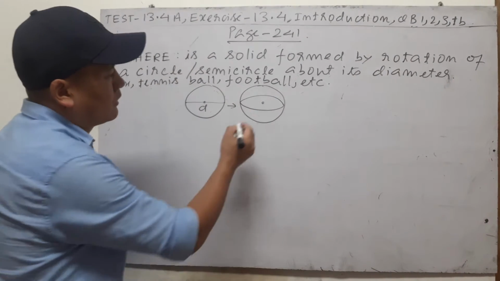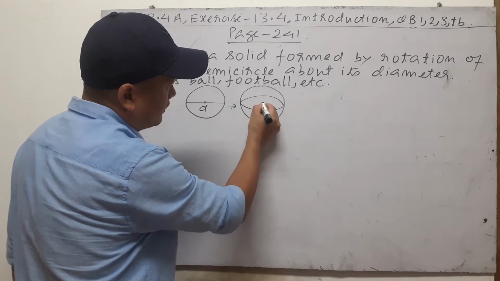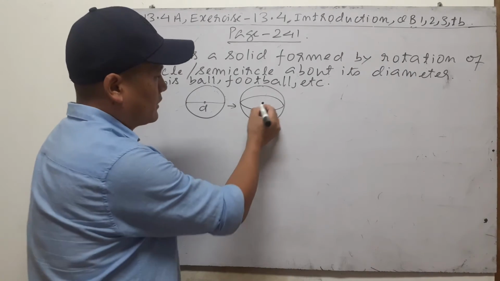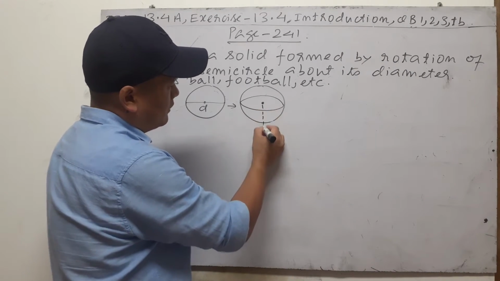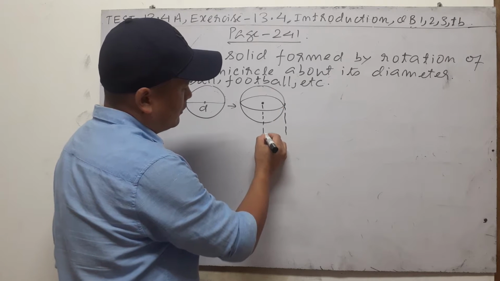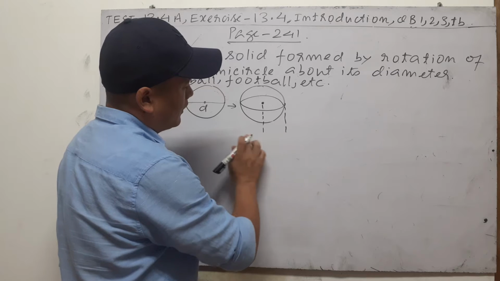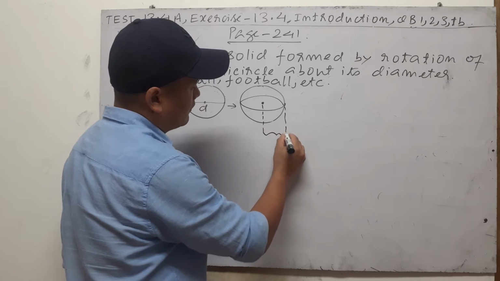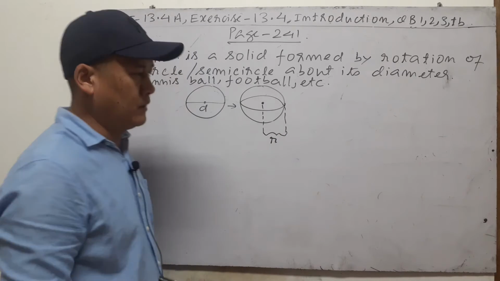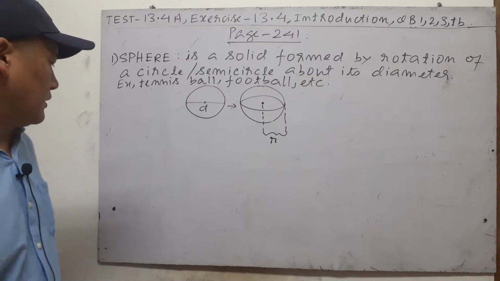Now the imaginary middlemost point in the sphere is called the center of the sphere. The distance between the center of the sphere and any point on the surface of the sphere is called its radius. So it's defined by its radius.